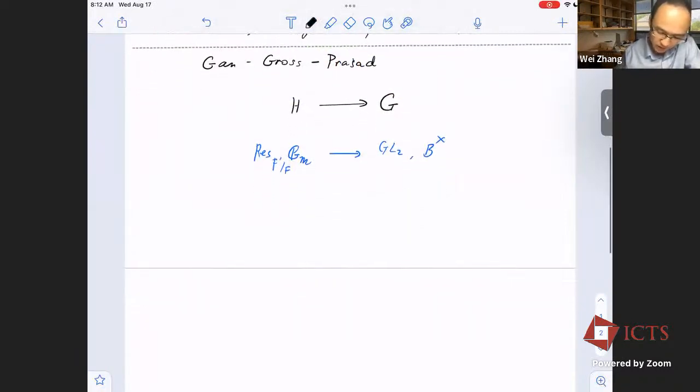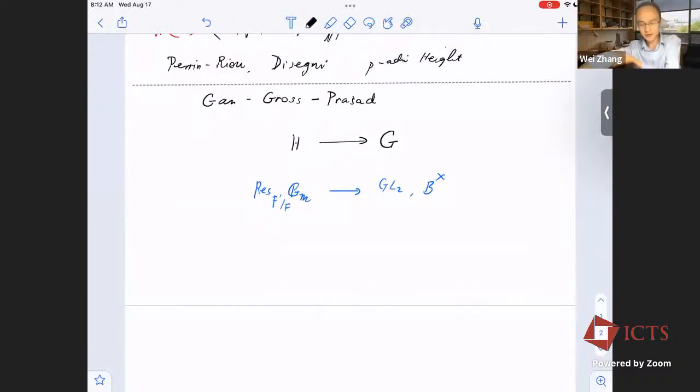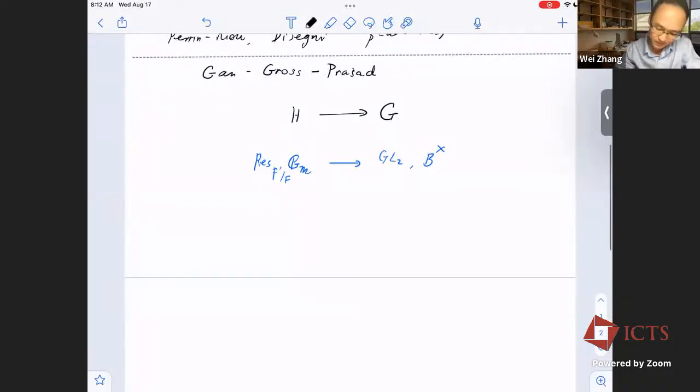Then we'll be considering two parallel settings. One is that I can consider automorphic forms on the group G, where π is an automorphic representation of G, or maybe G of adeles.